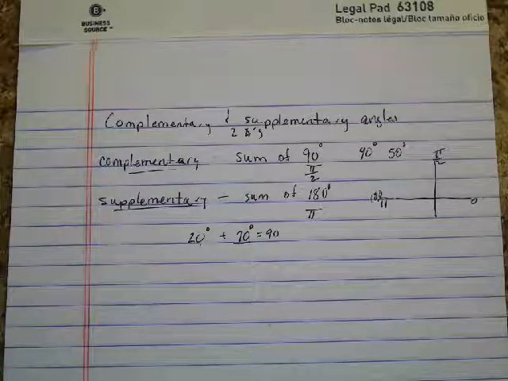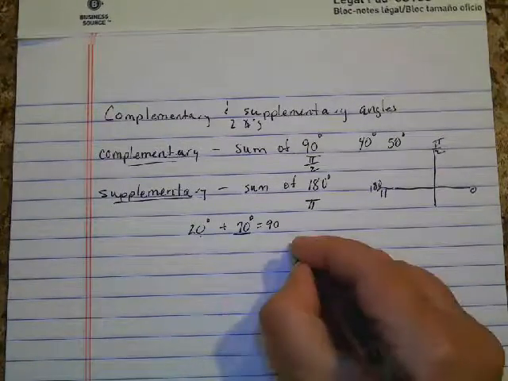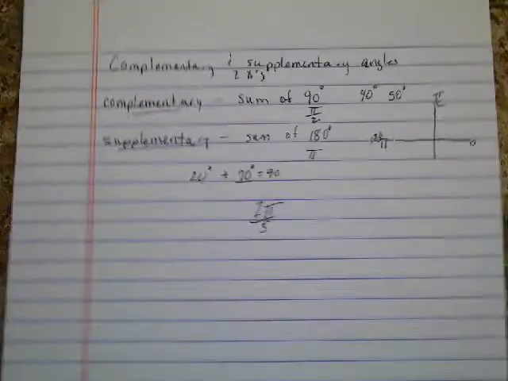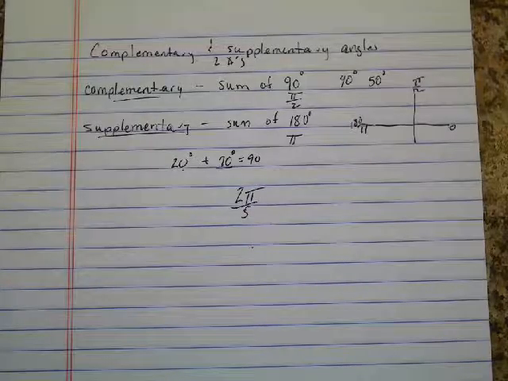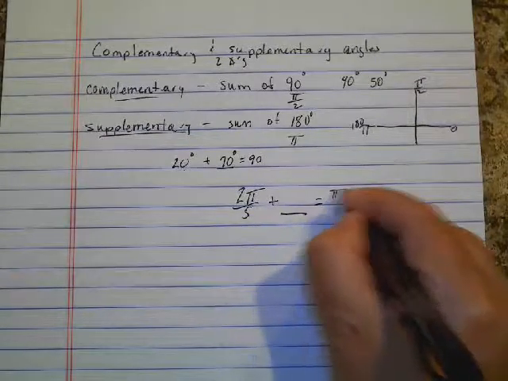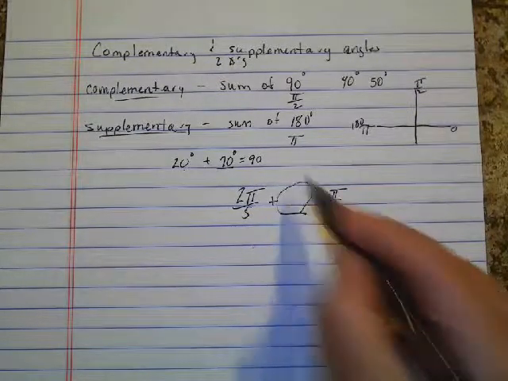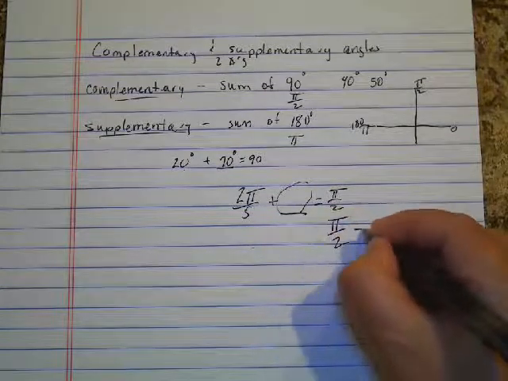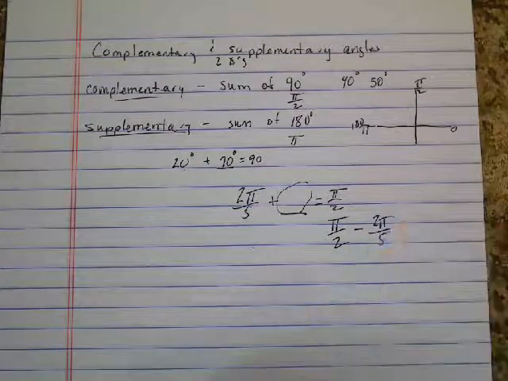Let's start with an angle of 2 pi over 5. And let's first find the complementary angle to that. So I know that this angle plus something has to be pi over 2. So to find that complementary angle, I'm going to do pi over 2, subtract 2 pi over 5.